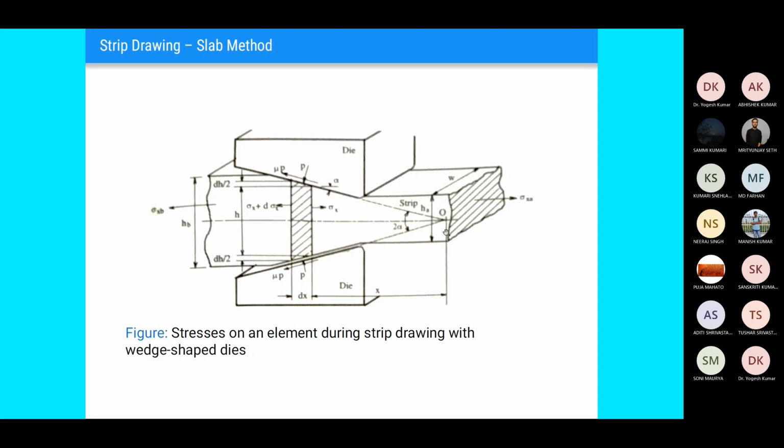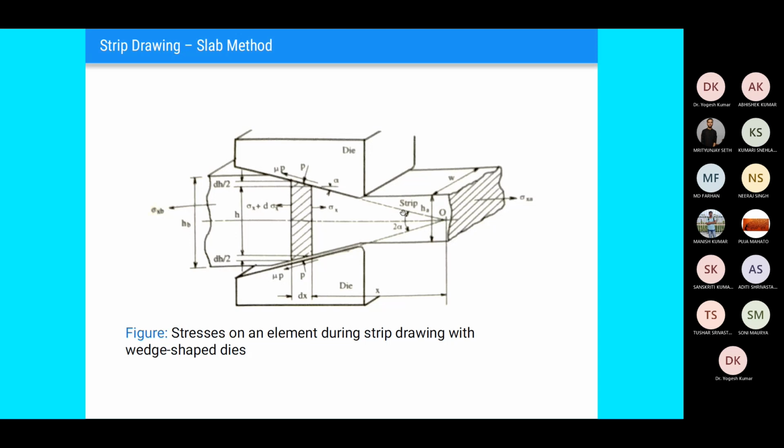Here we can see there is a triangle, and you could find a virtual vertex O, and it is making an angle 2 alpha. If you take from the horizontal line, then each angle will be alpha and minus alpha. So the complete angle of this triangle is 2 alpha.